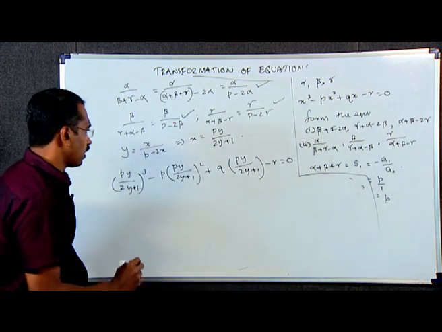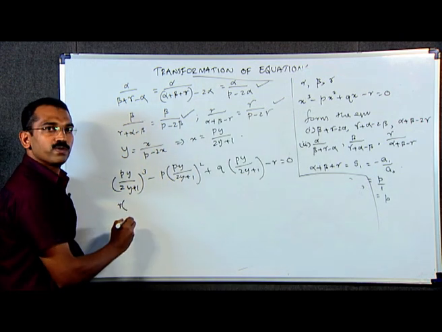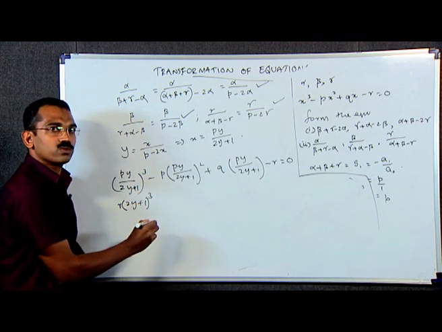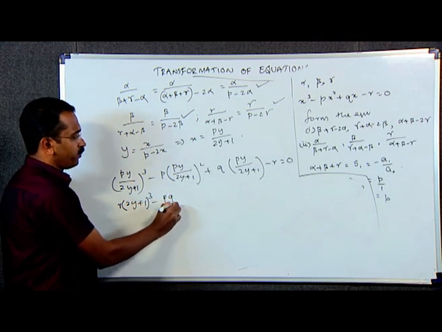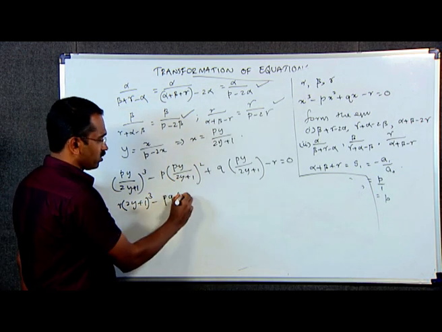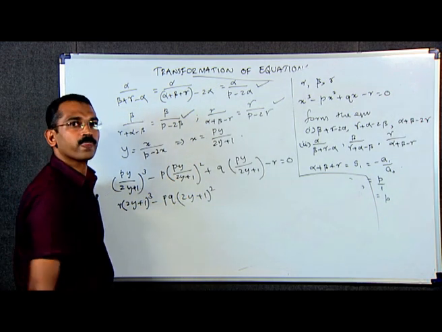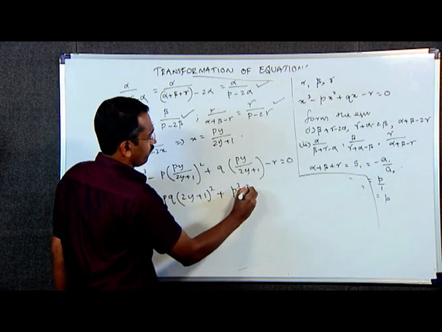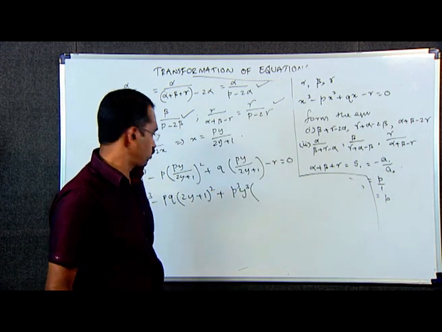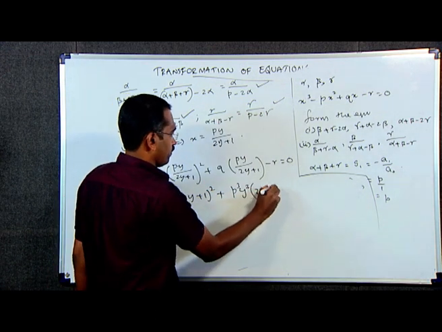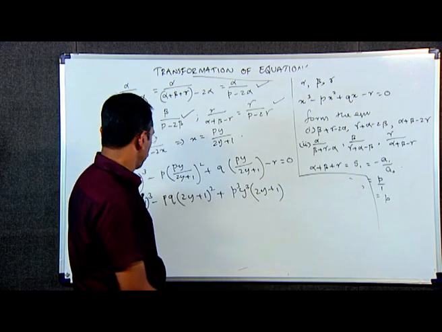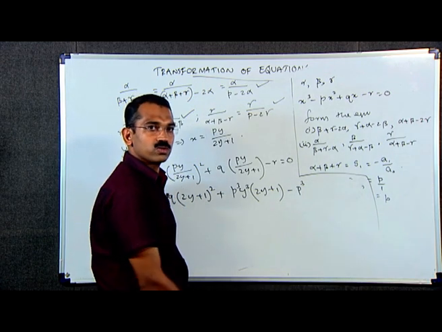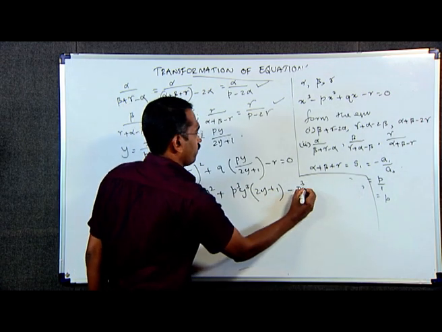That is r into 2y plus 1 whole cube minus pq into 2y plus 1 whole square plus p cube y cube into 2y plus 1 minus p cube y cube is equal to 0.